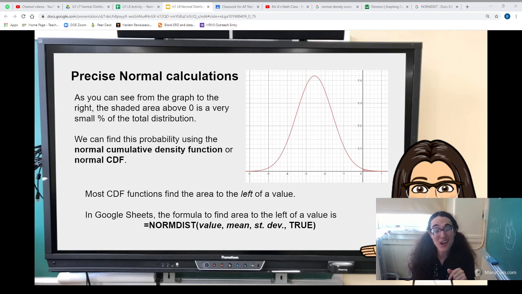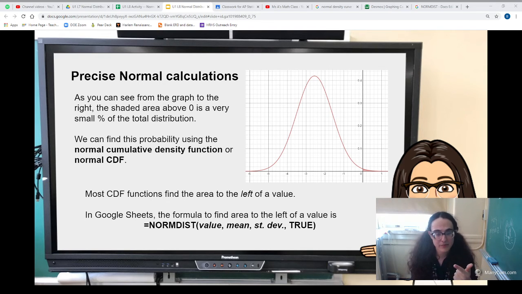In our case right now, though, we're trying to find it to the right of the value, but we can still use this. So in Google Sheets, if you want to find the area under this curve to the left of a value, so less than a value, we use the norm dist, normal distribution, formula. This needs to be given 4 things, and you have to include all 4. What is the value that you're looking at, our boundary value, say -2, or in our case, 0.